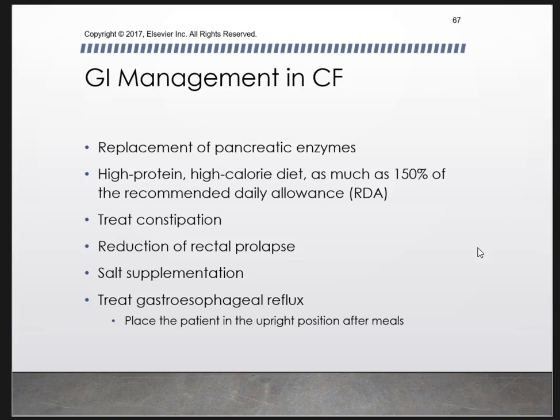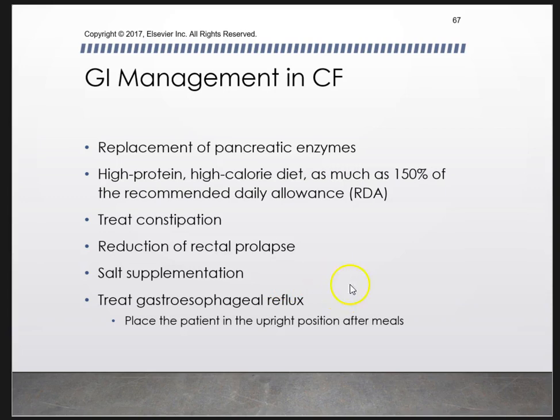Our GI goals, things that we want to make sure are happening. We talked about nutrition, so making sure they're getting not just the minimum but above, because we know that they don't absorb everything. Constipation is a big issue for them, so making sure that that doesn't become severe. Watching salt, making sure that their sodium levels are appropriate.